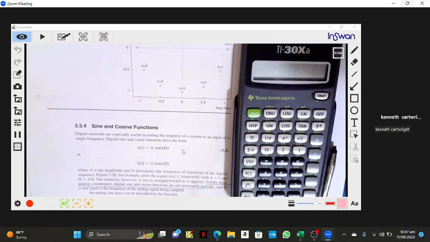All right, what specific time values do we have? T equals what?